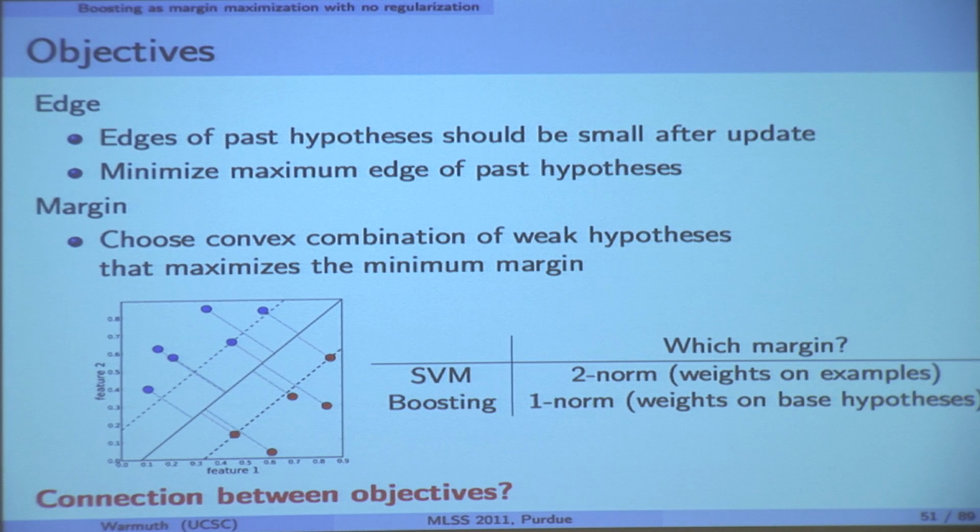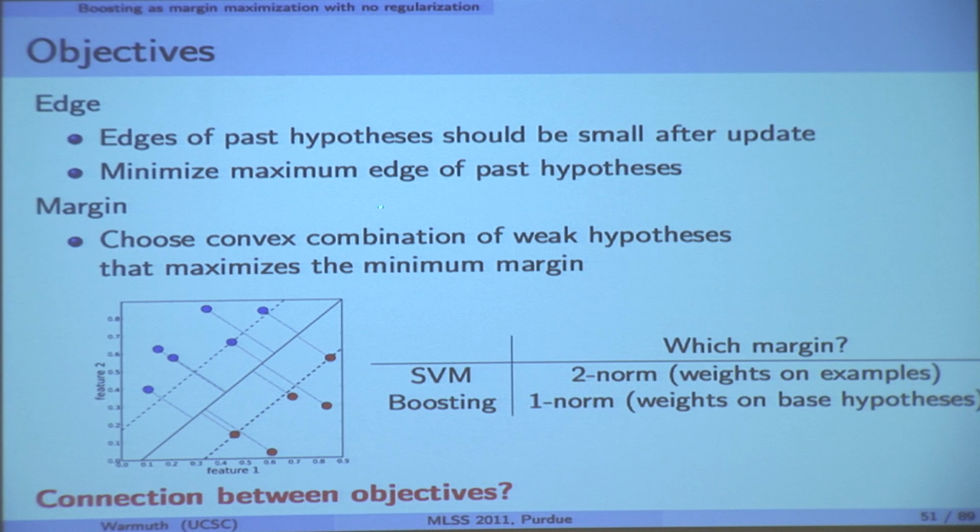OK. So in boosting, what happens is the edges of the past hypotheses are pushed down. Do you remember that dog example? If 90% of your pictures are dogs, your first weak learner is going to be constant dog. After that, its edge is going to go down to 0. So the edges of the past hypotheses are pushed down by reweighing your examples.